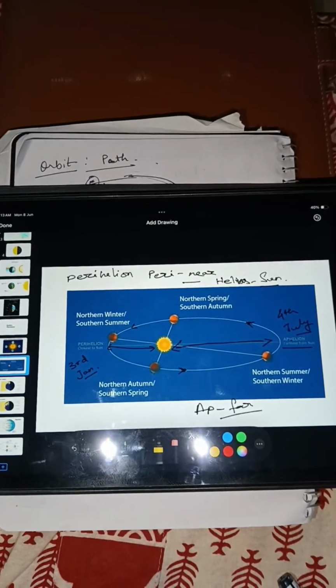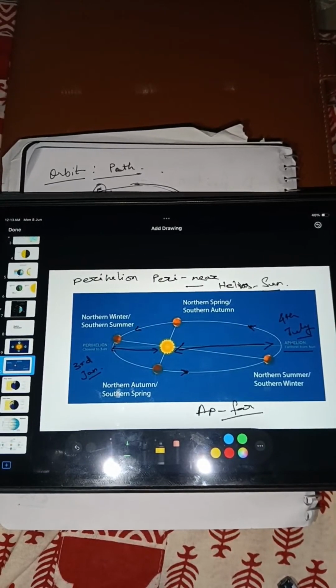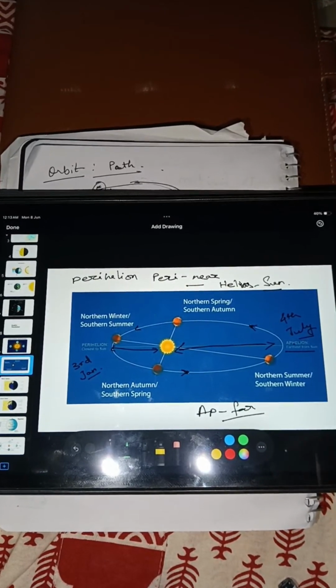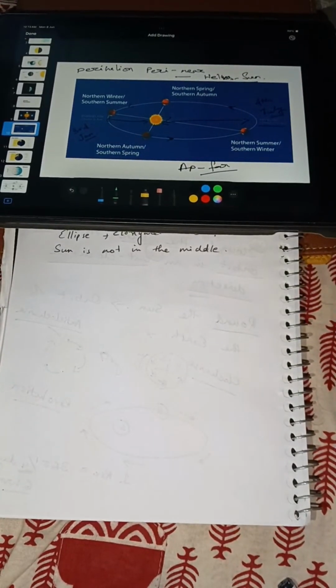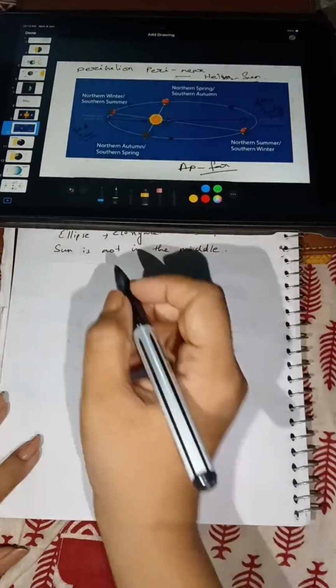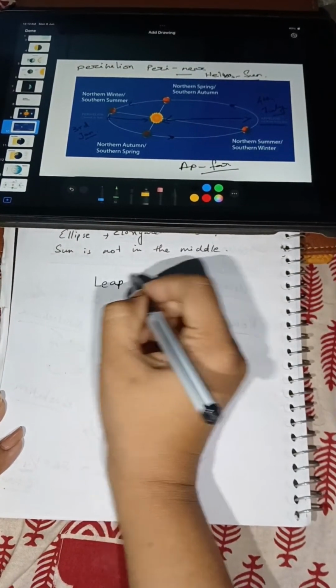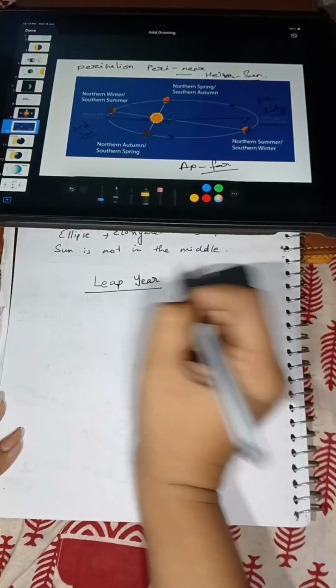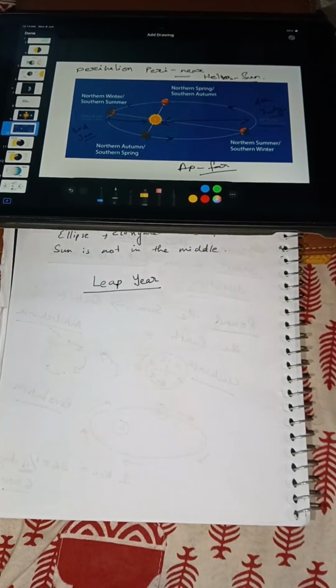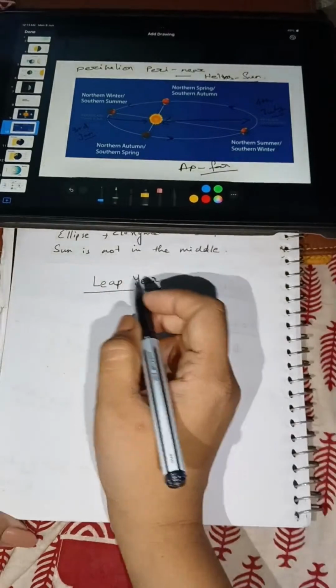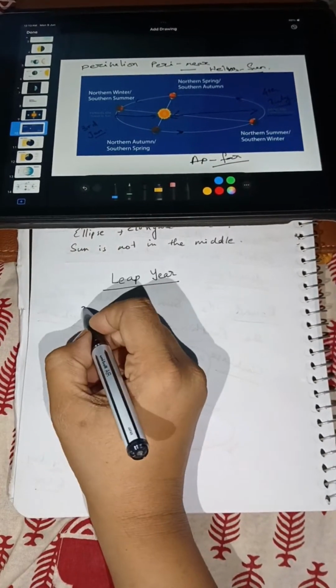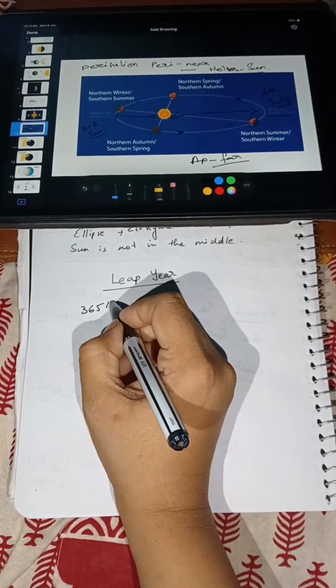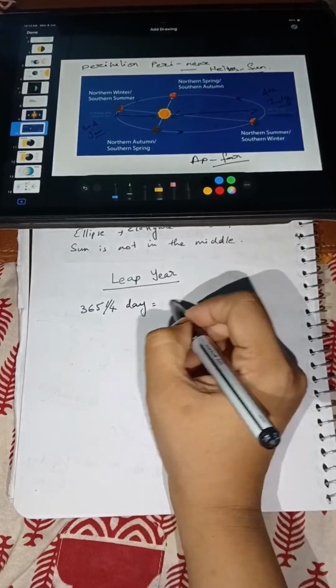Now coming to the concept of the leap year. Already we have mentioned that the earth takes 365 and 1/4 days. 1/4 day means 6 hours.